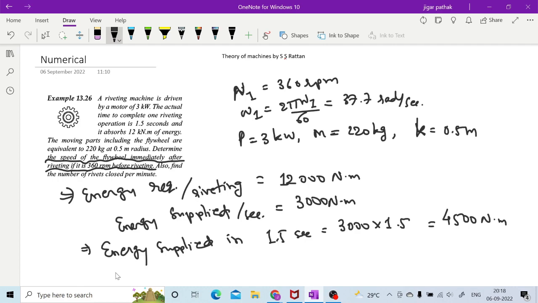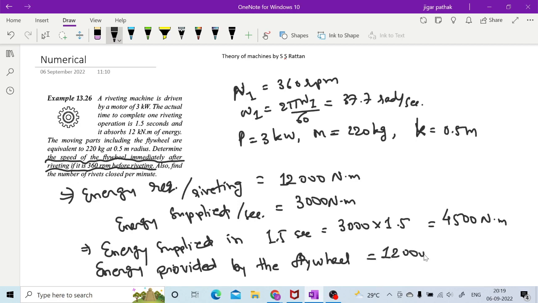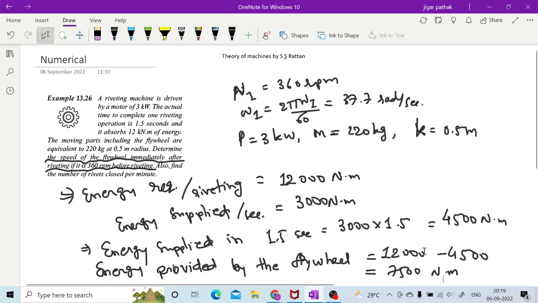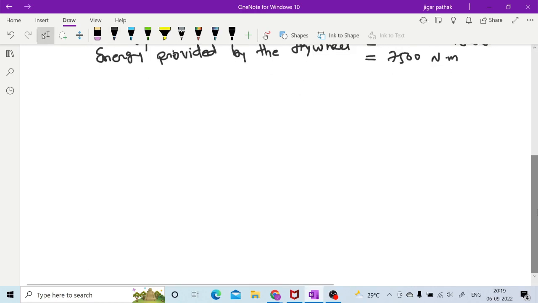So the energy supplied by the flywheel is equal to 12,000 minus 4,500, which is nothing but 7,500 Newton meter. So once you have this data, 7,500 is the energy supplied by the flywheel.